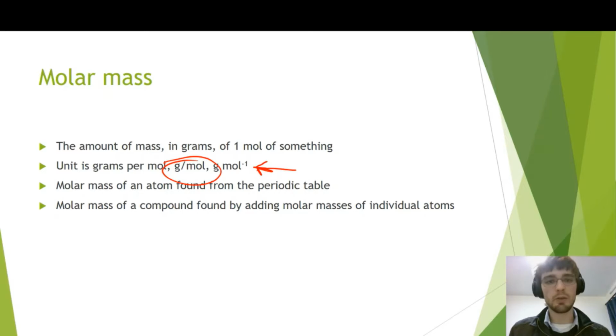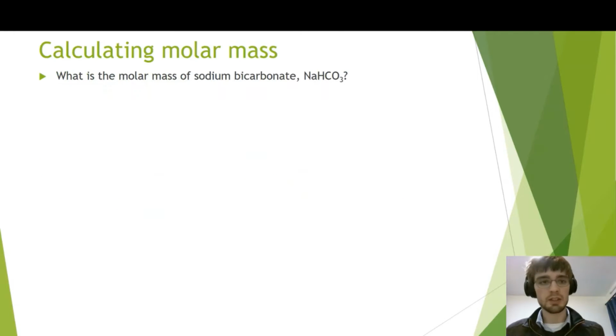In comparison, if you want to find the molar mass of a compound, it's a little bit harder, and you're going to need to multiply each of the molar masses of the different atoms that make up the compound and times them by the number of that atom, as you'll see in this example. So the question I've got here is, what is the molar mass of sodium bicarbonate, which is sodium hydrogen carbonate?